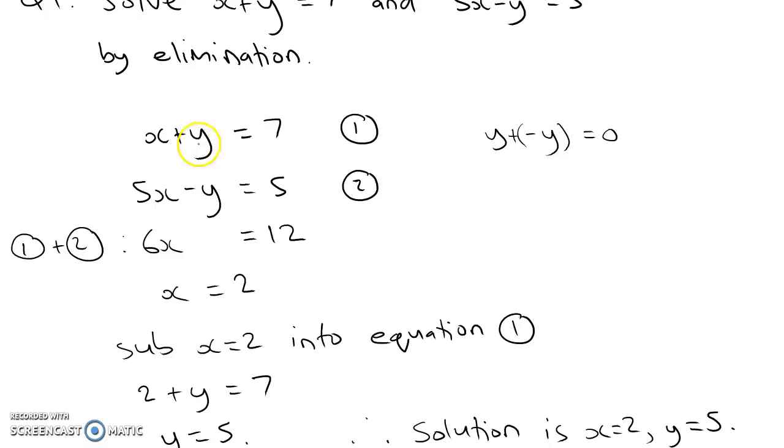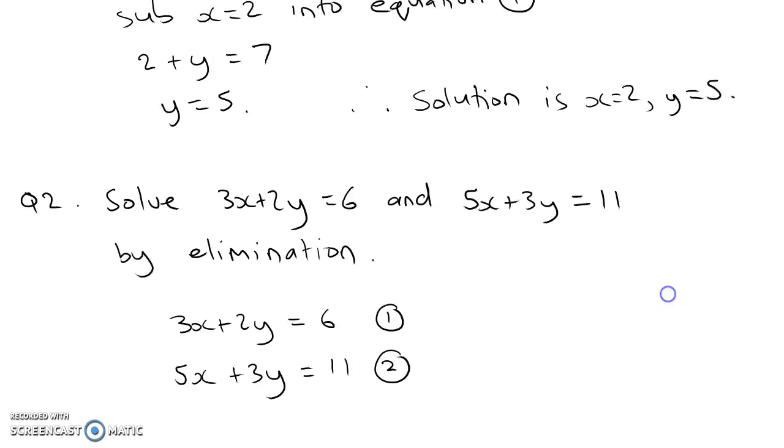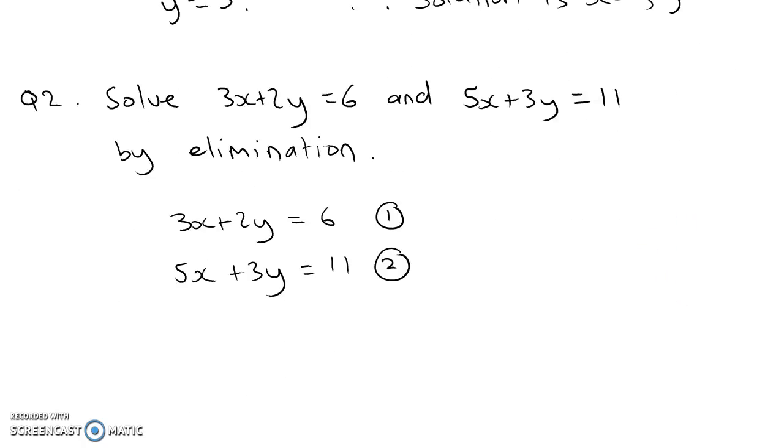In the previous question, the coefficient of our y pronumeral in both equations was 1. So it was quite easy just to eliminate them with a simple step. In these equations here, our coefficients for all of the pronumerals are different. We've got a 3x and a 5x, and we've got a 2y and a 3y.